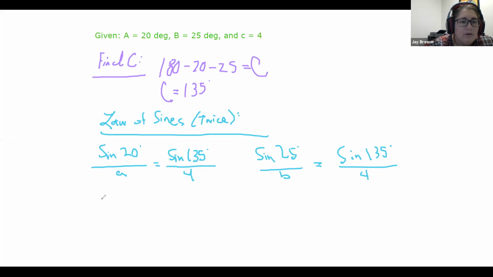Okay. So now if we rewrite to find a, we're going to end up with 4 sine of 20 degrees divided by the sine of 135 degrees.